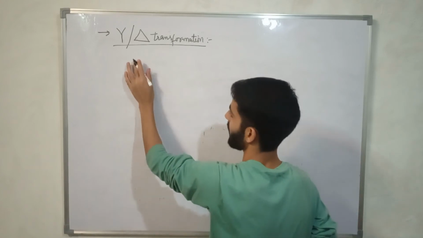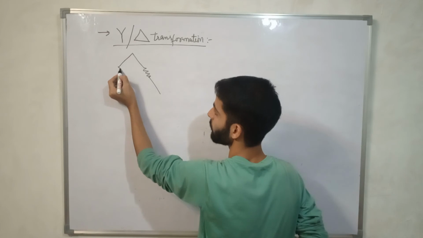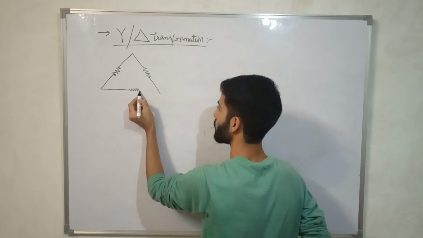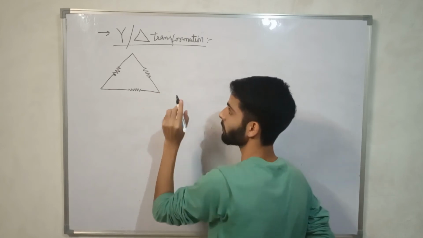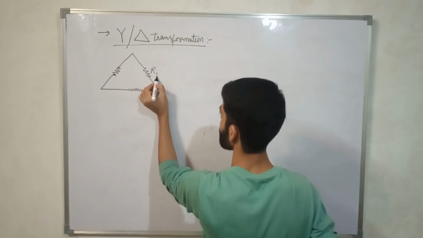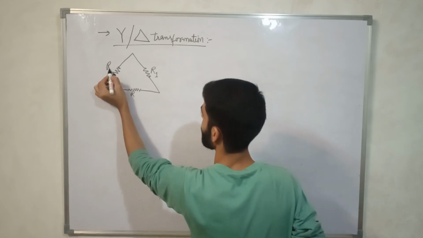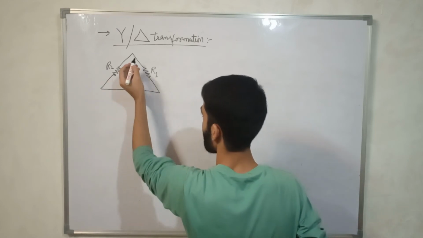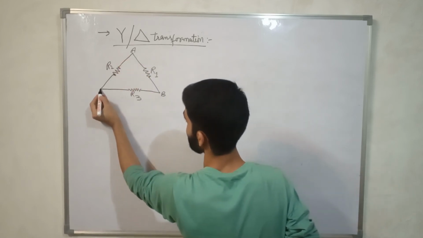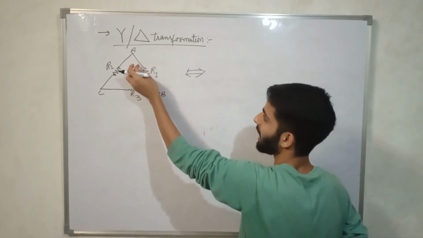Suppose we have been given the resistances in this fashion. Say this is R1, R2 and R3. The point is A, point is B, and this point is C. This is a delta form.